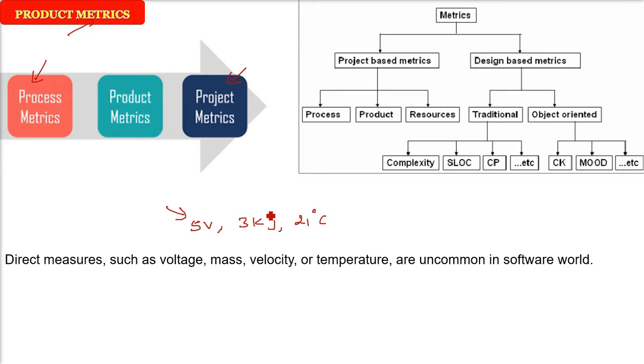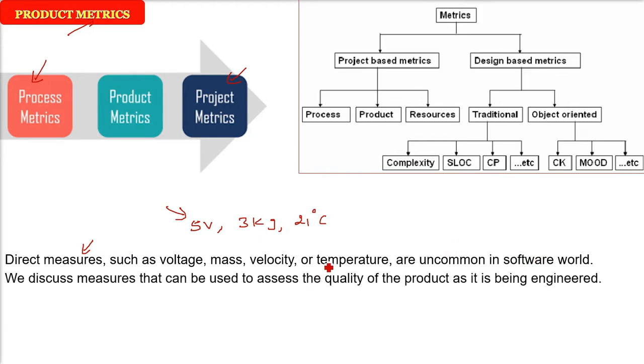But the problem in the software world is that it is still evolving. Previously we were making conventional software, then object oriented, now web apps, and now mobile apps. So things are changing so fast. Direct measures are quite uncommon in the software world, but still we need to measure.